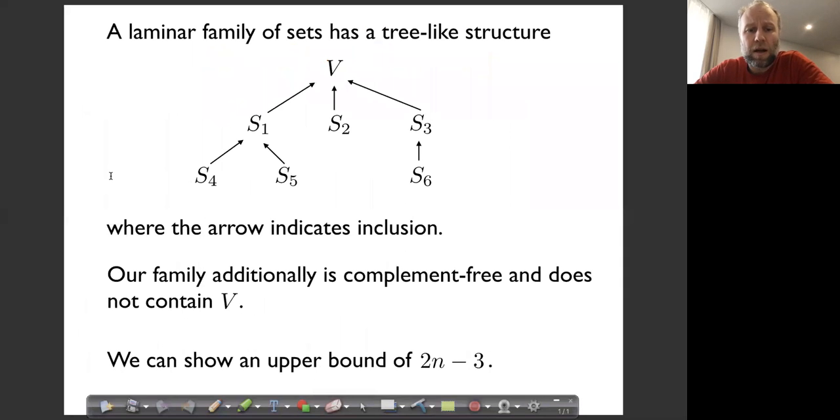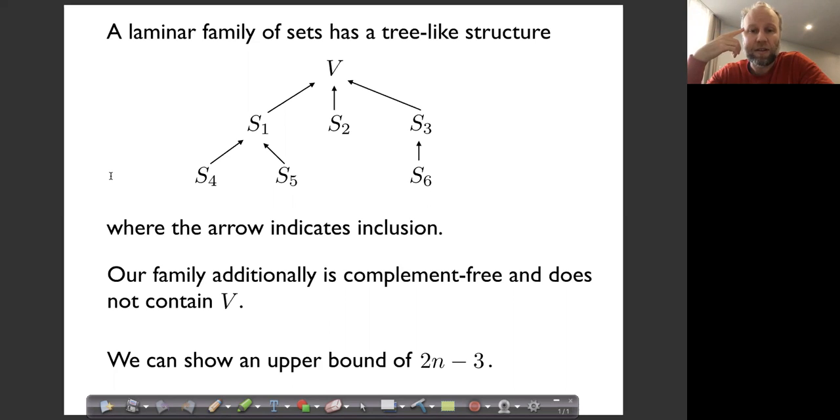Okay, but our sets, since they are shores, are not just an arbitrary laminar family. They basically have two additional properties. The first property is that it's complement free. That's again because for every cut we just take the shore not containing V naught. Okay, so we're not going to have the complement of that set.